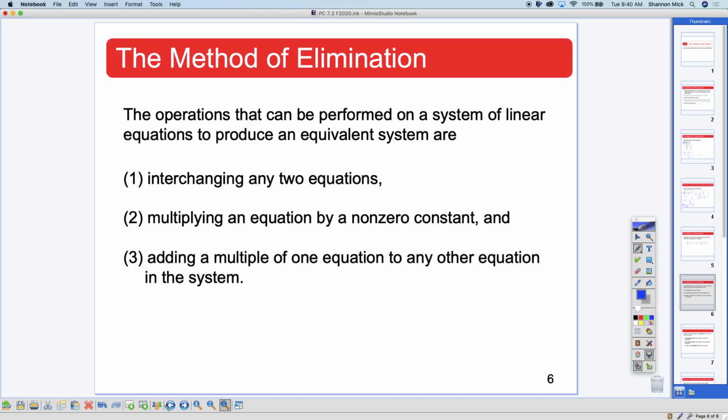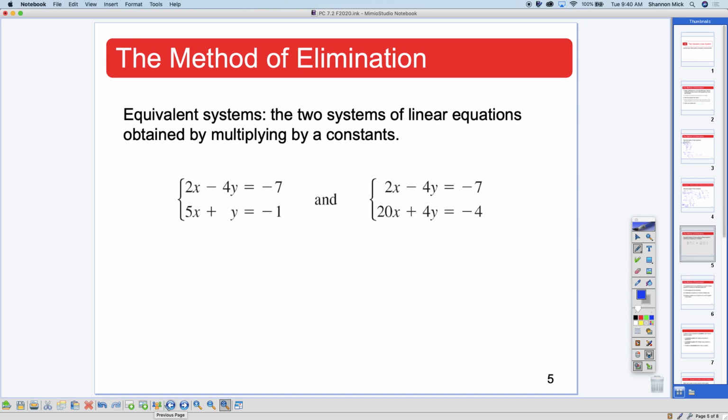That means I could take equation 1 and 2 and write it as 5x plus y equals negative 1 and 2x minus 4y equals negative 7. Did I change the outcome of this? No. They're still the same. I just changed the order. And again, this is all leading up to where we're going. So we understand that we can move things around and not do anything.